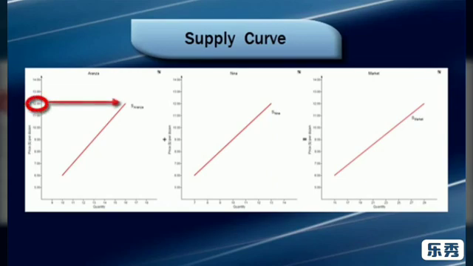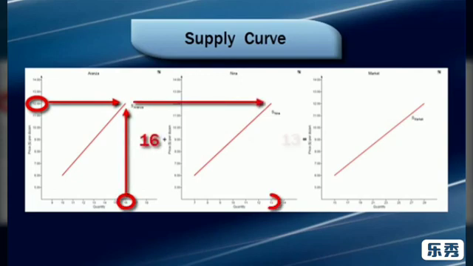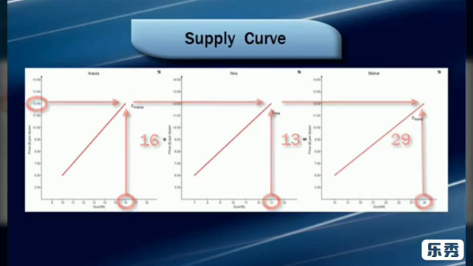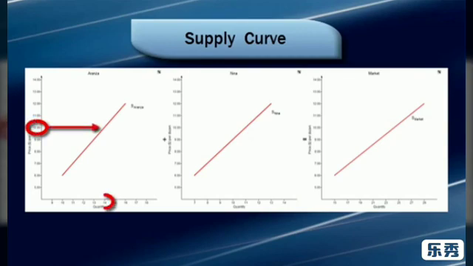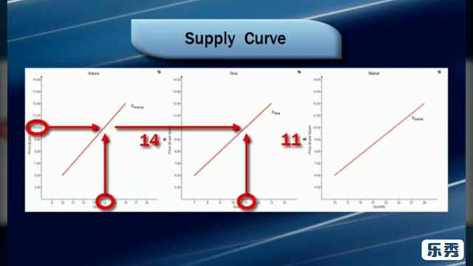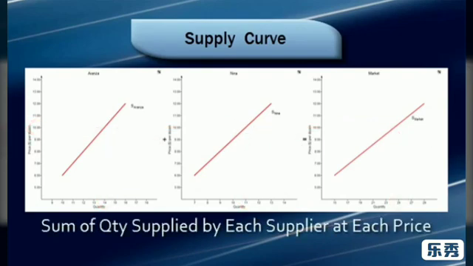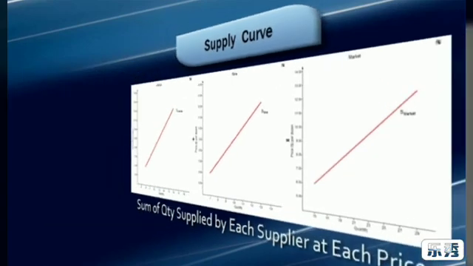So at $12, we see Aranza making 16 dozen cupcakes, Nina making 13 dozen cupcakes, for a total of 29 dozen cupcakes. At $10, we see Aranza making 14, Nina making 11, so the total is 25. To create the market supply curve, you want to take the horizontal sum of each of the individual supply curves.